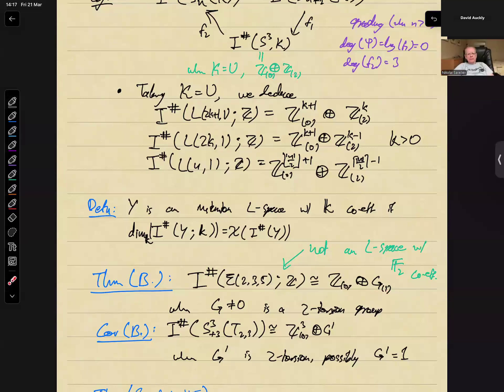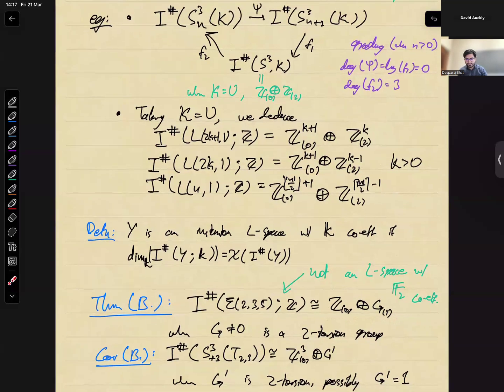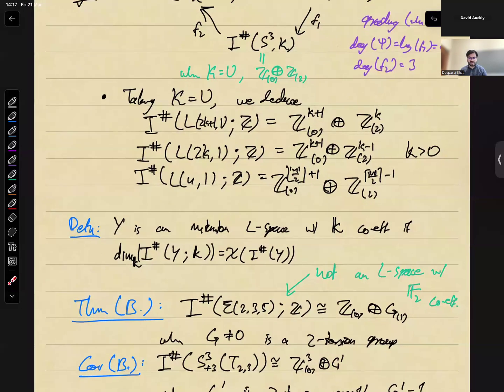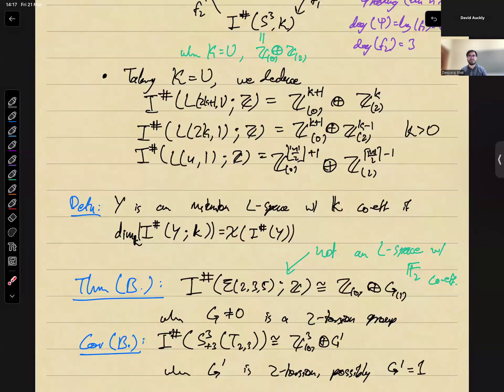This one is in 0 mod 4, but this one is distributed in 1 and 3 mod 4. So they move around a little. But this is exactly the sort of duality pairing that you get by changing the sign of your Morse function. There's nothing too sophisticated going on.